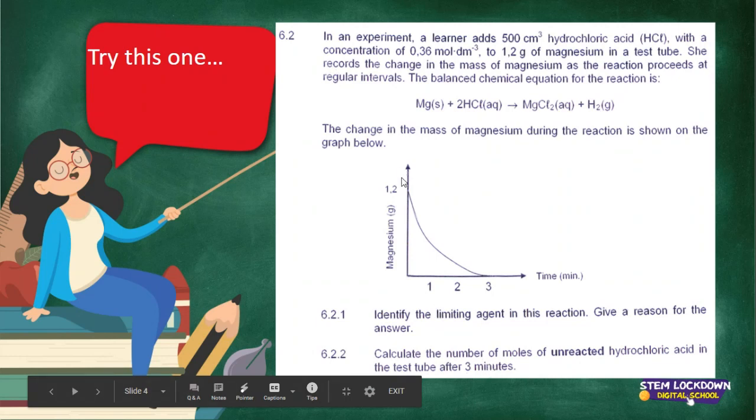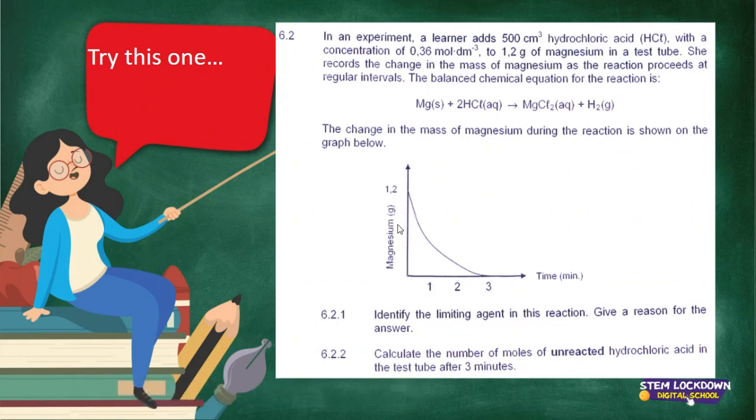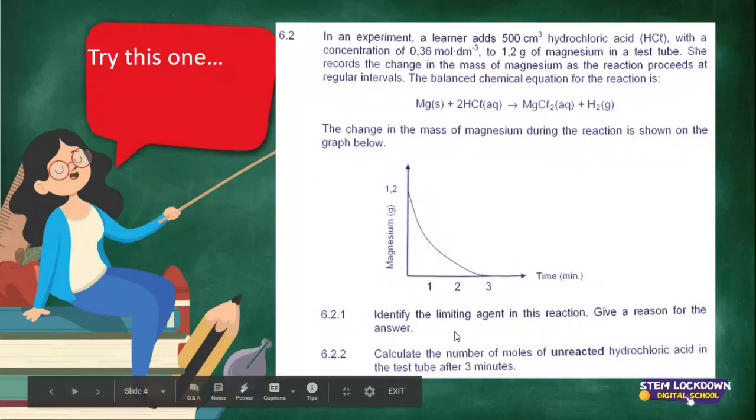But also, if we look at the graph, after 3 minutes, or 3 units of time, the mass of magnesium was 0. So it means magnesium was used up. So magnesium will be our limiting reagent, and hydrochloric acid will be the reagent that is in excess.